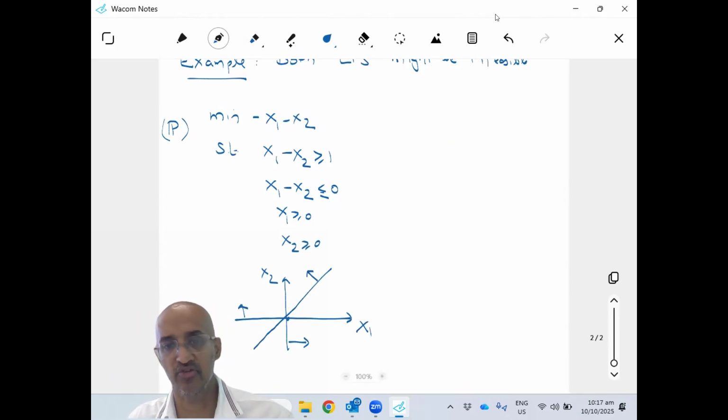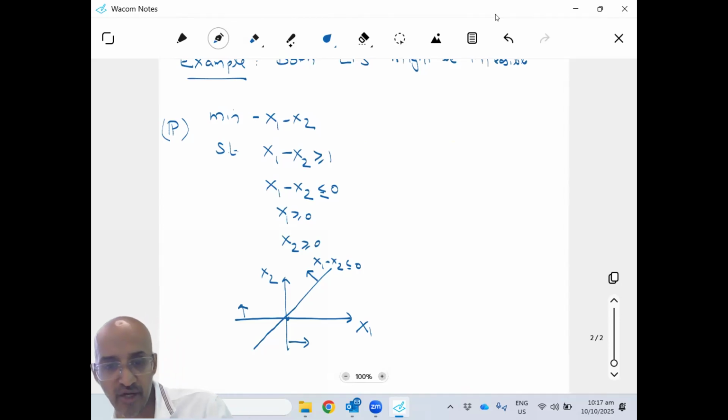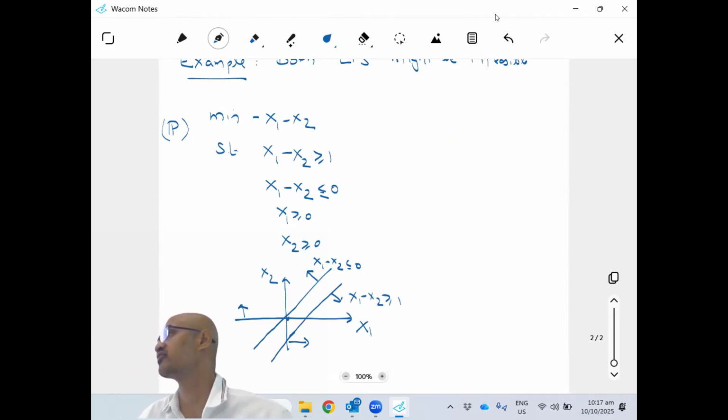If you look at x1 minus x2 greater than or equal to 1, it's a parallel line on this other side. Clearly, the intersection of these two half spaces is empty, so it's infeasible. You can make that out from these two constraints.